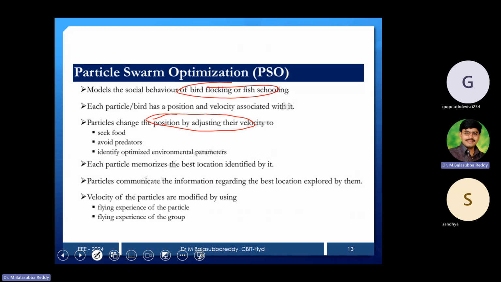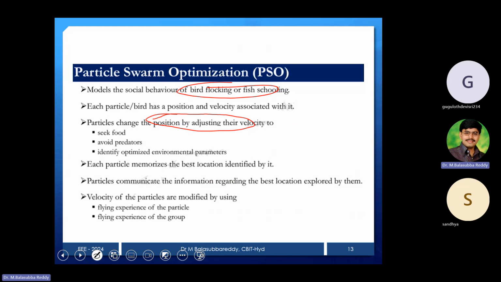Suppose if birds are there and a hunter comes, then you have to escape from him. One aspect is that the bird has to seek food, then avoid predators and identify the optimized environmental parameters. So C1, C2, all these parameters we have to identify as the best solution.